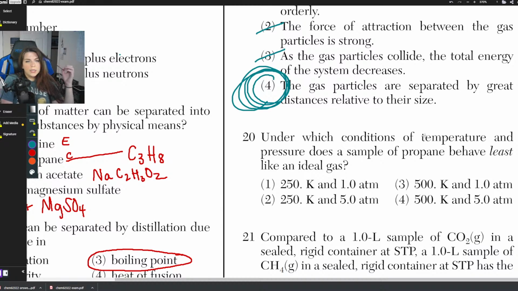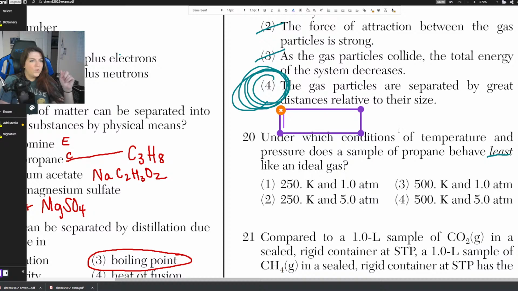For question 20, under which conditions of temperature and pressure does a sample of propane behave least like an ideal gas? Okay, this is interesting because they almost never ask it as a least. Moving forward, ideal gases are going to follow this silly acronym that is PLIGHT.